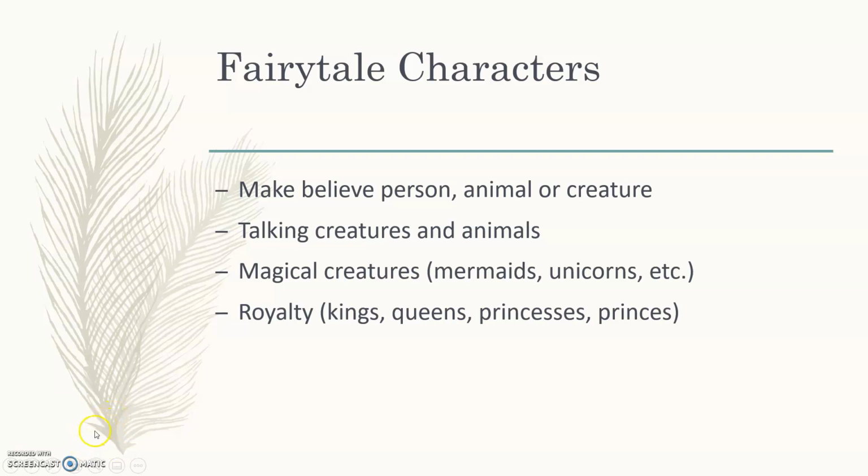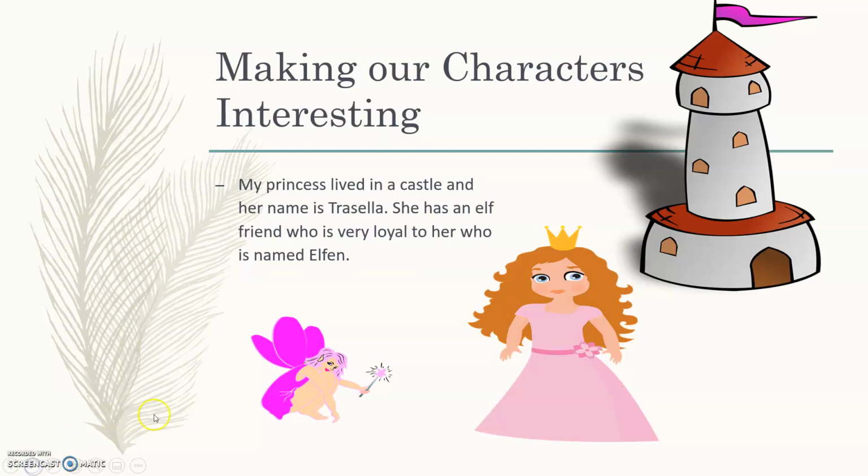So yesterday I chose a castle as the setting for my hero/heroine, right? So today I want to think about what is going to go with my castle, what type of character. And the type of character I'm choosing is a princess, and a princess who lives in a castle.